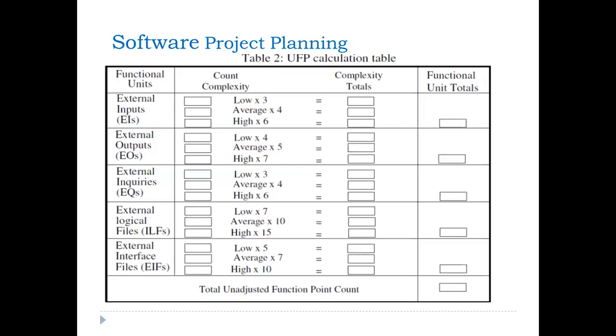After that, maybe 5 average external inputs, so 5 into 4. Same as if 6 high external inputs, so 6 into 6, 36. In the same way we calculate all the functional units, and finally these are the unadjusted function point.